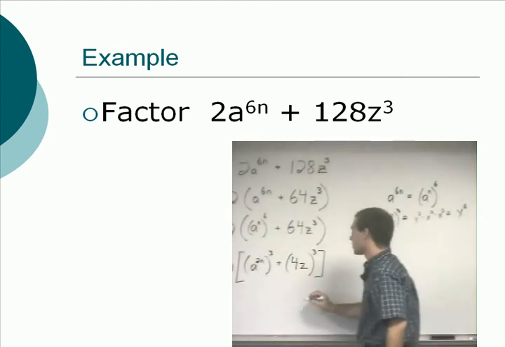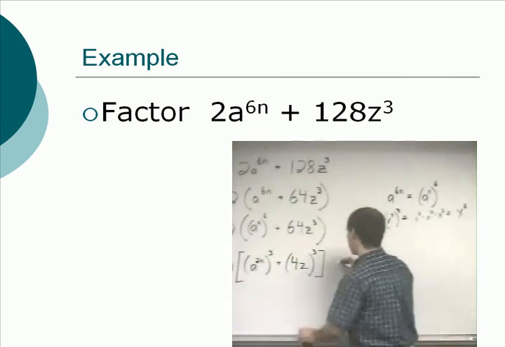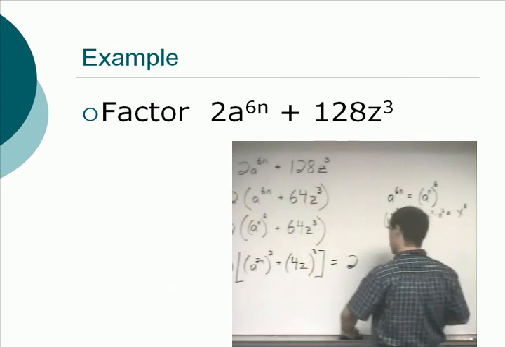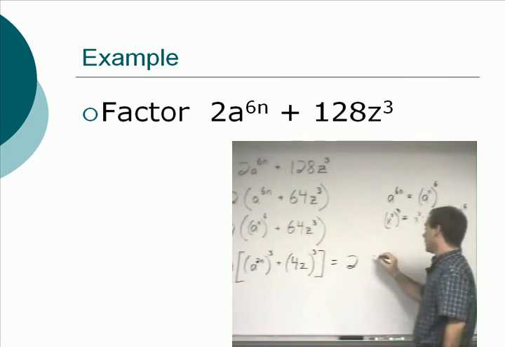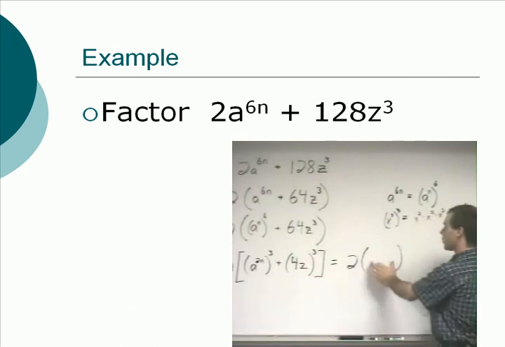So this is going to be equal to, running out of room here, let's go over here. That's equal to 2 times, okay. Well, what's your first binomial going to contain?